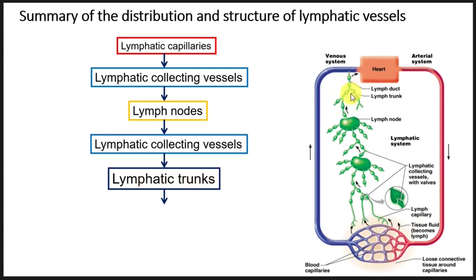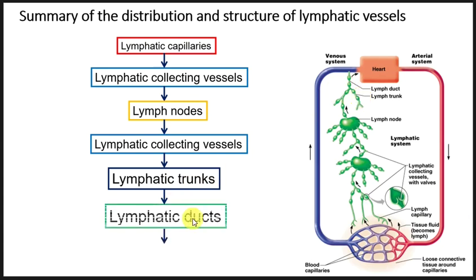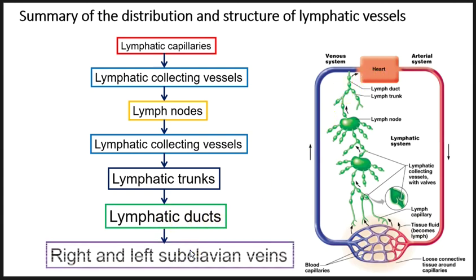Like this one here and this one here, these are lymphatic trunks. Then from the lymphatic trunks it goes to the lymphatic ducts. Then from the lymphatic ducts it goes into the right and left subclavian veins, which some of them you are going to see very shortly.